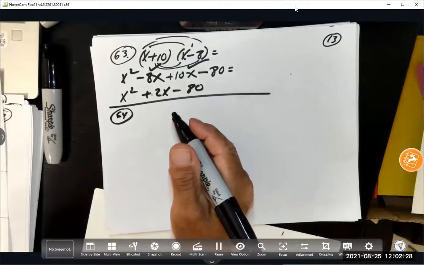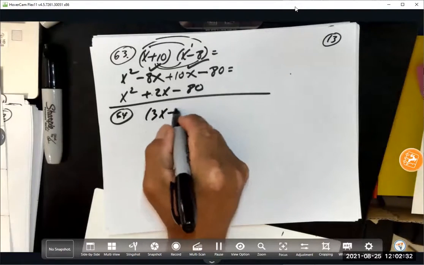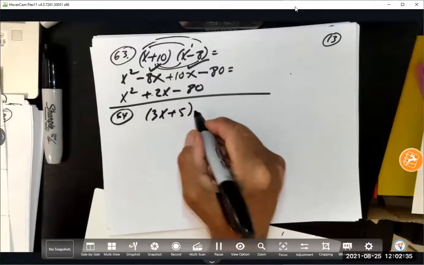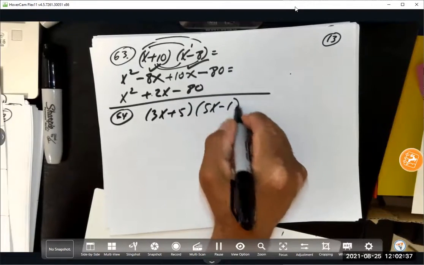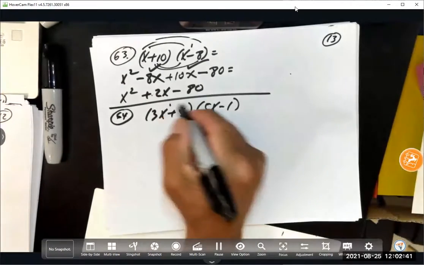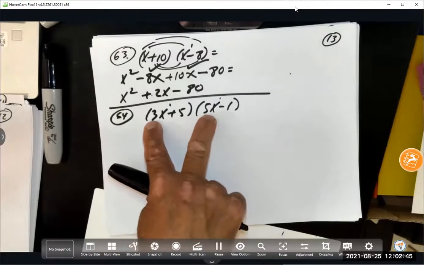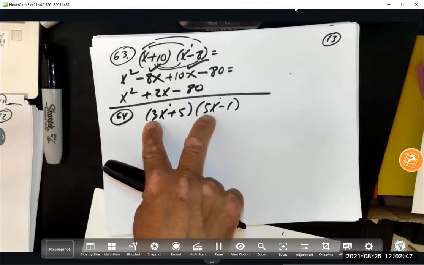Yeah, that's fine. All right, 64, ready? 3x plus 5 and 5x minus 1. Ready? So first one. This is a 1 power. Remember, this is a 1 power. Ready? What's 3x to the 1 times 5x to the 1? Give me numbers. 15x squared.